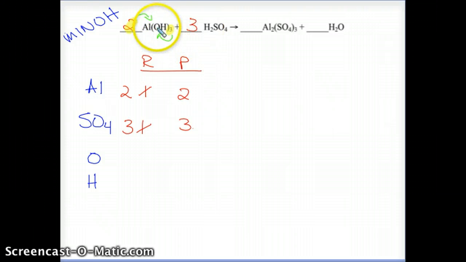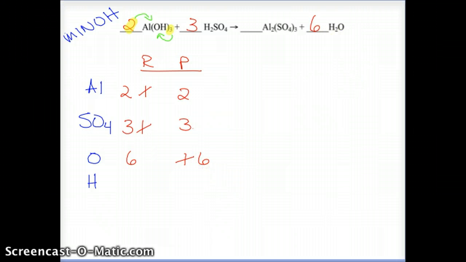So I have 3 times 1 is 3, times 2, I actually have 6 oxygens. So I come over here, I only have 1 oxygen. Now notice I'm ignoring the SO4. All the O's in the SO4 are accounted for, so I'm just focusing on the O. I only have 1 over there, so I put a 6 there. Now I have a 6.